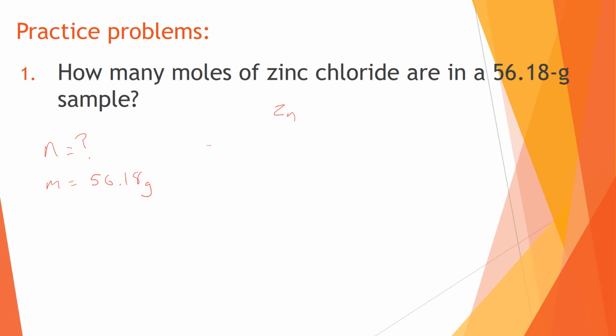Zinc, Zn, has a charge of 2 plus. Chloride has a charge of 1 negative. So I have to crisscross. So zinc chloride would be ZnCl2.